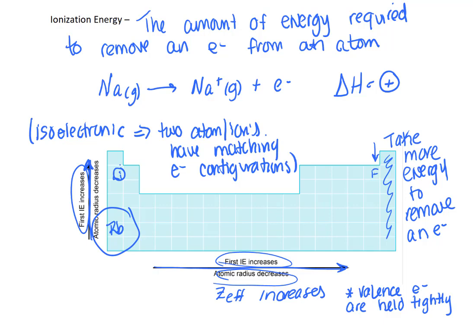And so rubidium, taking an electron off of that, would be like stealing candy from a baby. Whereas lithium would be like trying to steal candy from a pro football player. It's just not going to be as effective. It's going to take a lot more work. So that is your trend for ionization energy.